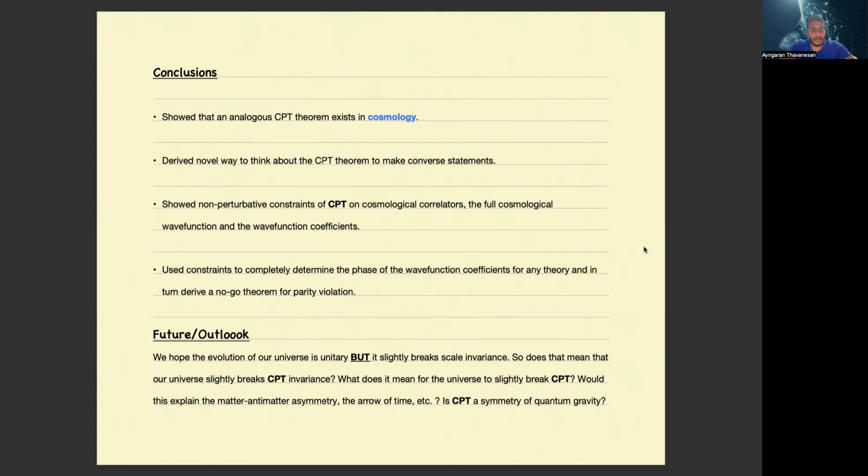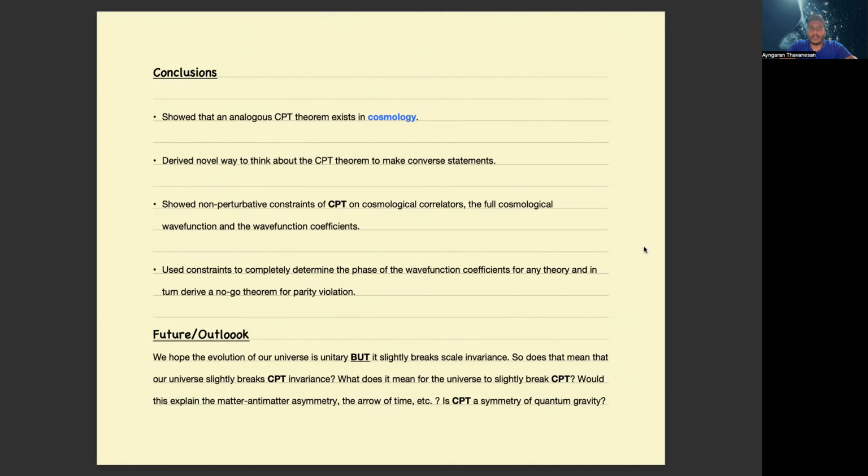And some important questions that this leaves us with is that we know that our universe slightly broke scale invariance, and we believe that the evolution of the universe was unitary, but the converse statements from the cosmological CPT theorem tell us that this means that our universe must have slightly broken CPT. So what does it mean for the universe to slightly break CPT?